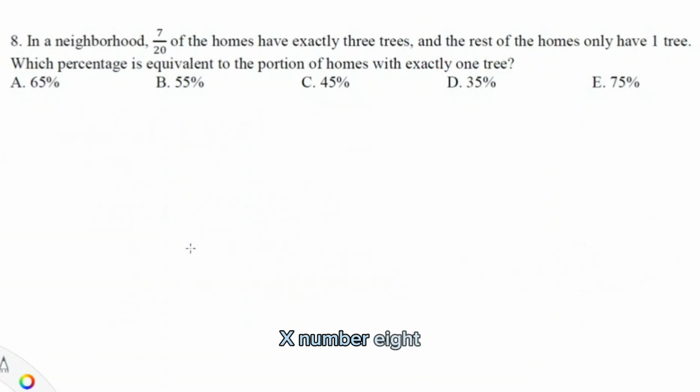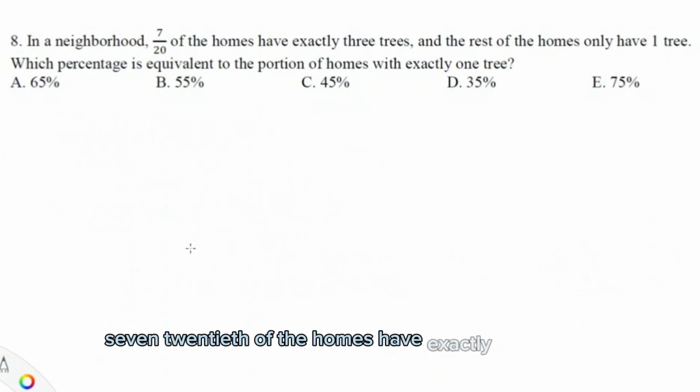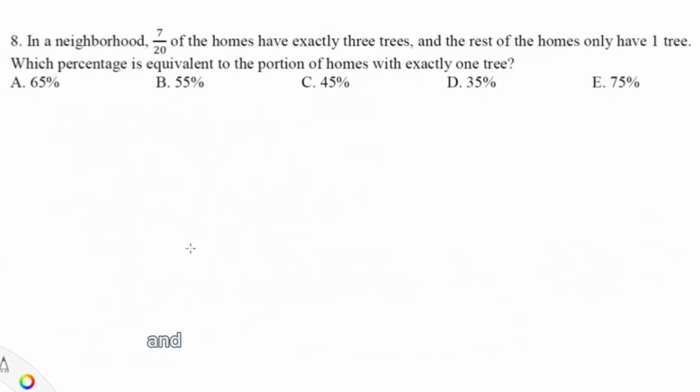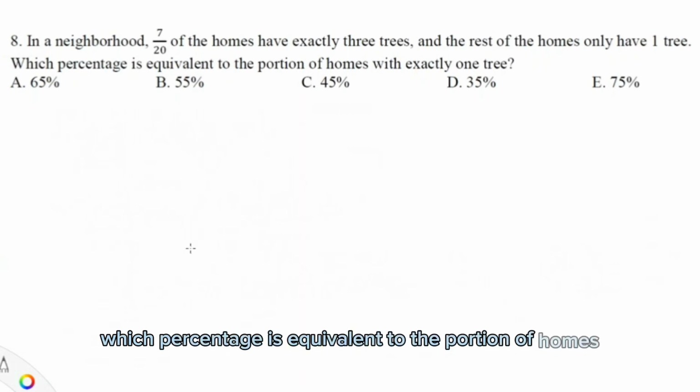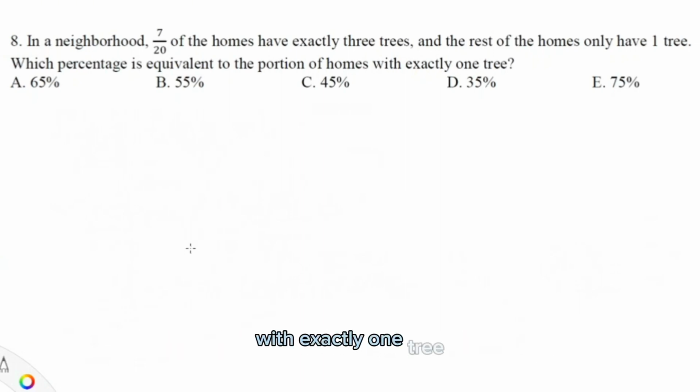Next, number 8. In a neighborhood, 7/20ths of the homes have exactly 3 trees, and the rest of the homes only have 1 tree. Which percentage is equivalent to the portion of homes with exactly 1 tree?